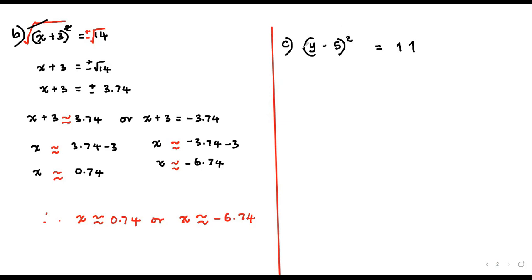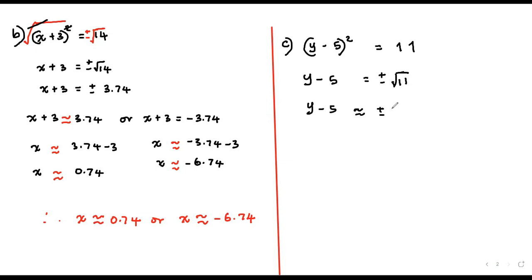If we take the square root here and the square root here, we will get y minus 5 is equal to the positive square root and the negative square root of 11. Okay, if you have your phone there, you can go to calculator and tell me the square root of 11. Anyone? Use your calculator and tell me the square root of 11.